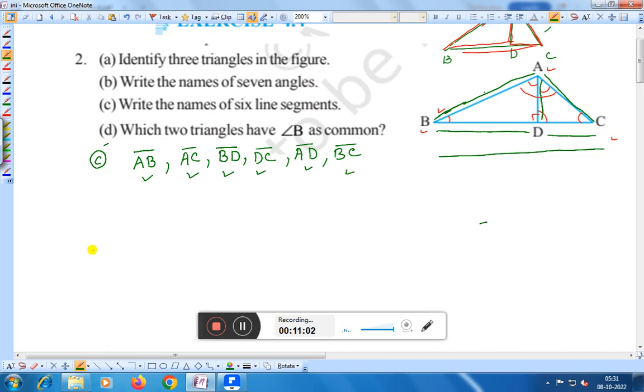Now question D. Question D is which two triangles have angle B as common?